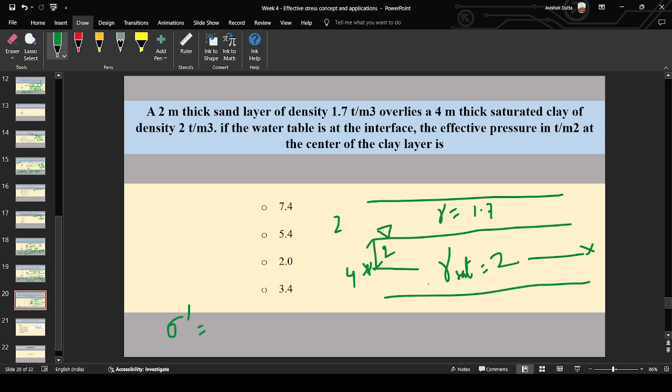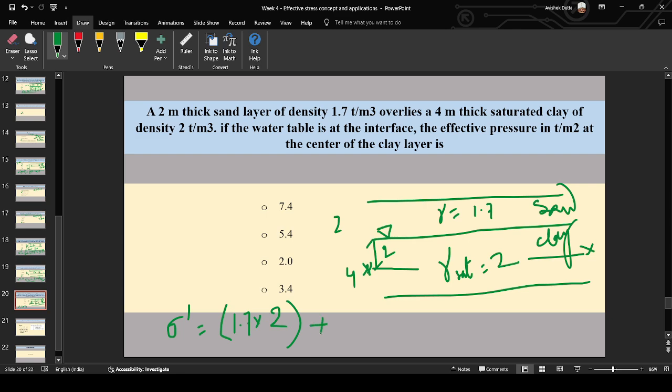First of all, the sand layer, and second the clay layer. For the sand layer, it will be 1.7 into 2, gamma total into 2.